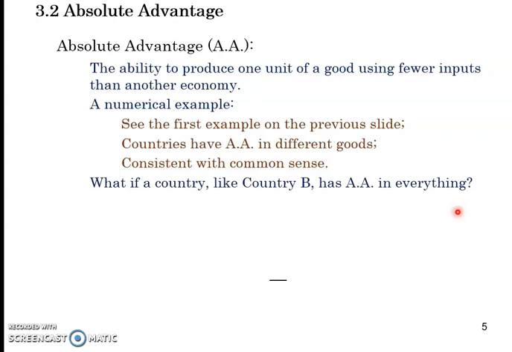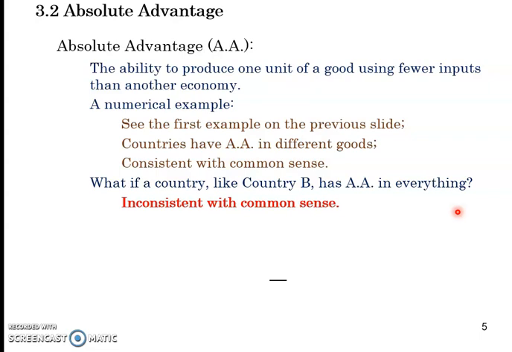What's more challenging is if one country, like country B, has an absolute advantage in everything, as the second table shows on the previous slide. So under this circumstance, should both countries still trade with each other?